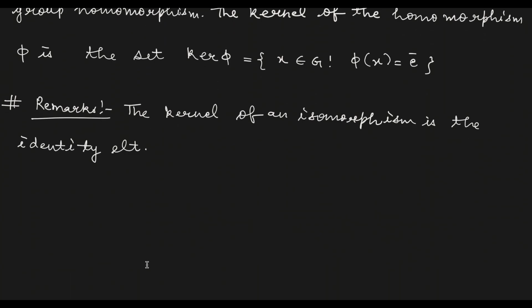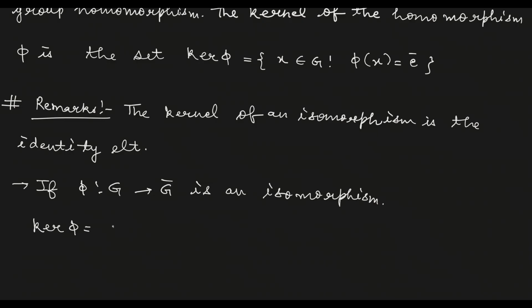Let us see why it is so. If phi mapping from G to G bar is an isomorphism, kernel phi is equal to x belongs to G such that phi x is equal to E bar.